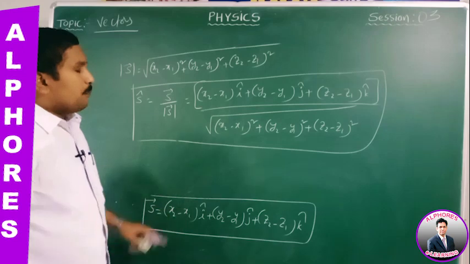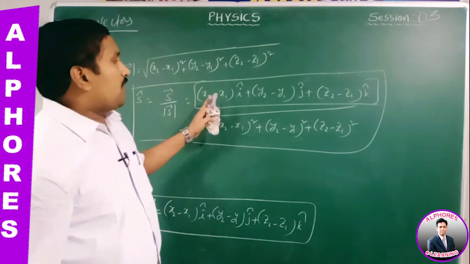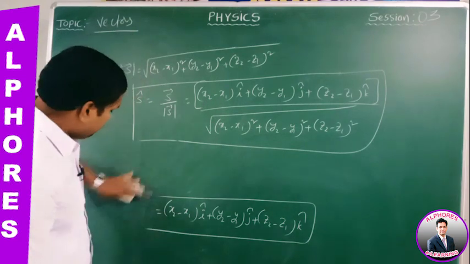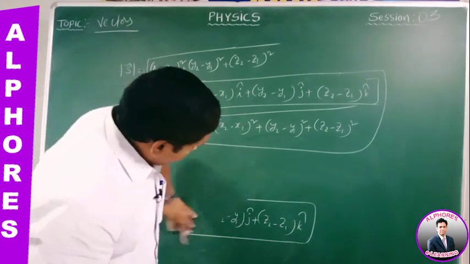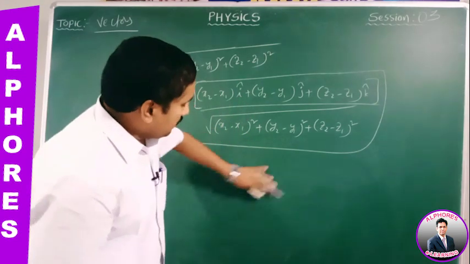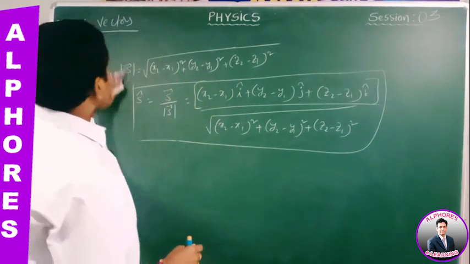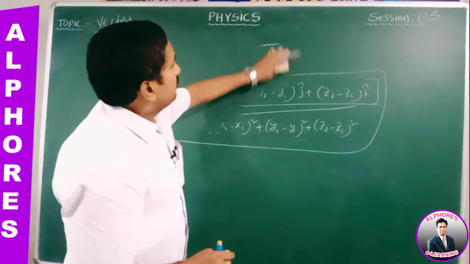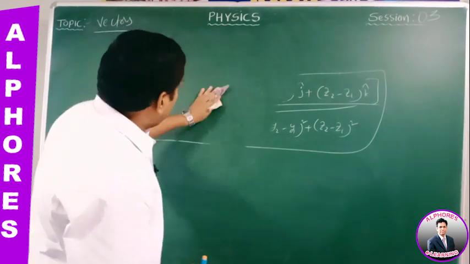Now based on this, I am giving one or two models based on the displacement vector. Now listen carefully all of you. For example, I am taking a particle which is moving from one point to another point in space. In order to find the displacement, I have to take two points in space.